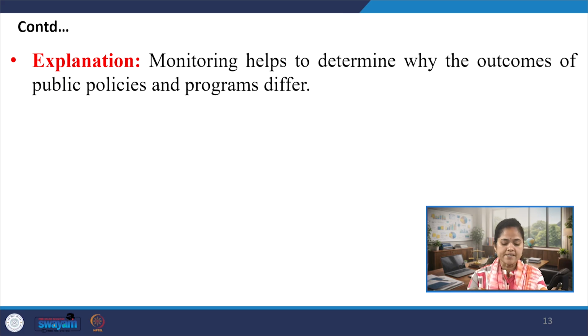That means by making changes in the existing policy, modifying and improving the policy, these gaps can be squeezed. That is the explanation.